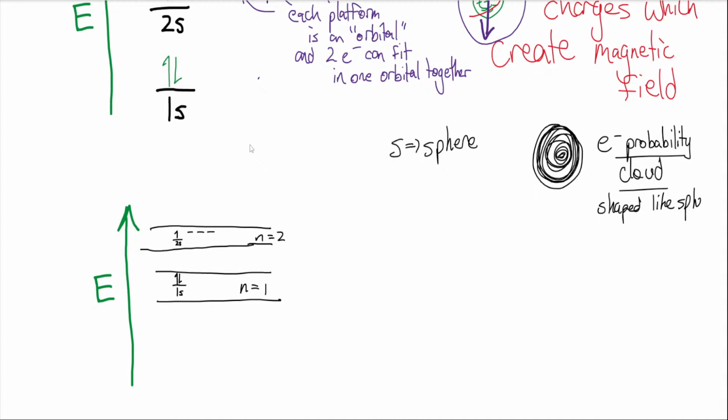And the P's. There's only one sphere, but these are dumbbells. You've seen this, and there are 3 of them.